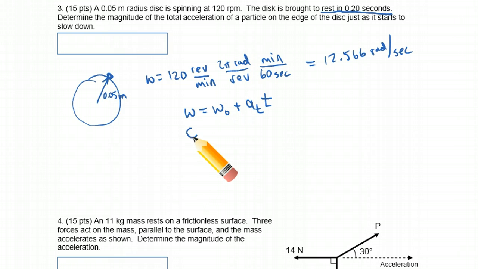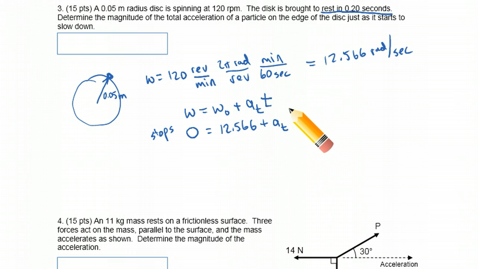It stops, so our final omega is 0. Our initial omega is 12.566. Acceleration tangential is what we're trying to find, 0.2 seconds. So that solves our tangential acceleration as that number divided by 0.2, 62.83.